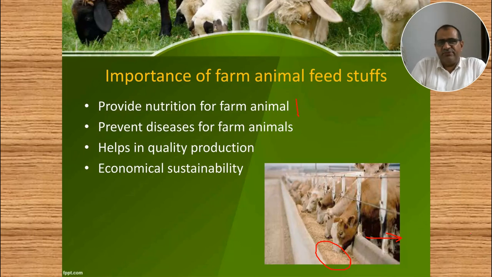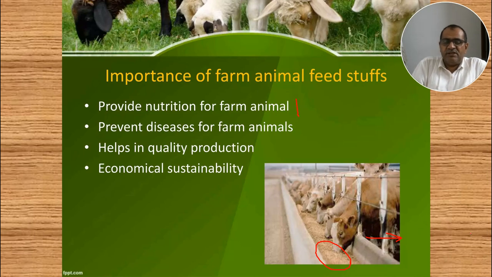The farmers feed succulent grass to the animals instead of putting dry matter at the proper time, and also provide low quality green grass. At that time, there will be a drastic reduction in the SNF. Then it's very difficult to correct that situation. So, proper feeding is always required, and it should be sustainable.